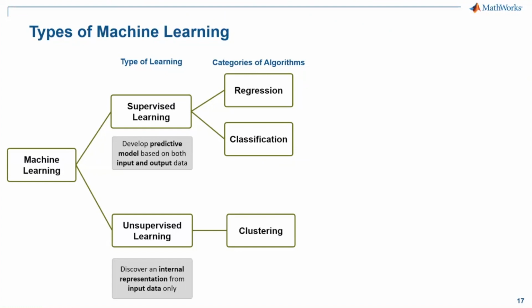I have them labeled, so my computer knows which are which and can learn from that. In the case of unsupervised learning, I don't have the output. These algorithms find ways of clustering or grouping my data to analyze it and find those trends or clusters.